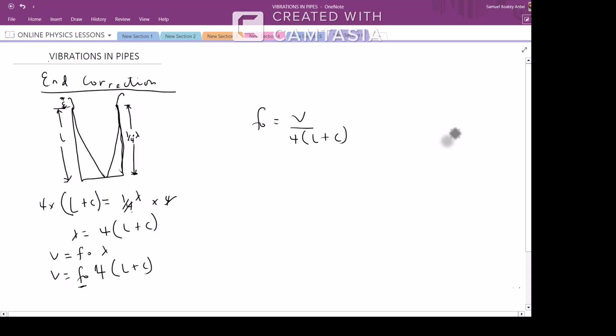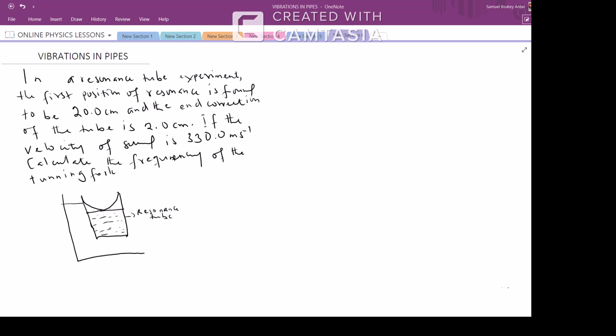So let's take an example to reassure ourselves in the grounding of the theory that we just experienced. I read: in a resonance tube experiment, the first position of resonance is found to be 20 centimeters, and the end correction of the tube is 2 centimeters.